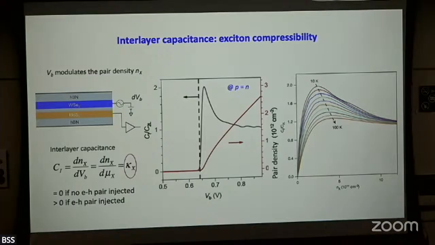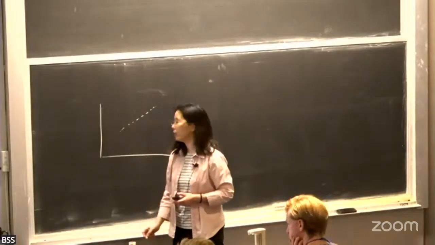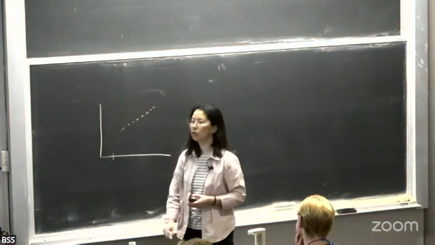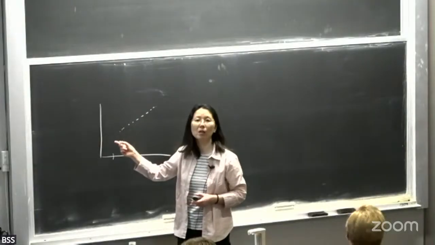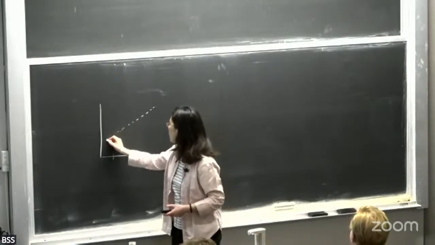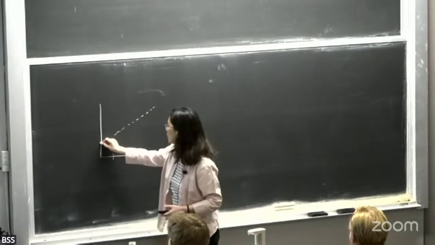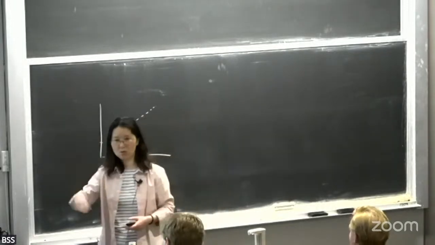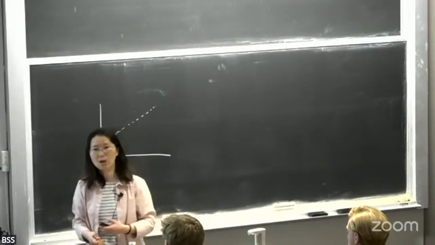So if you do that, this will be mostly kind of linear, and then for high temperature it goes linear with density, but then there will be a departure from that. It doesn't hit 0, but it hits something, and that something is due to exciton-exciton interaction, and that's the interaction.